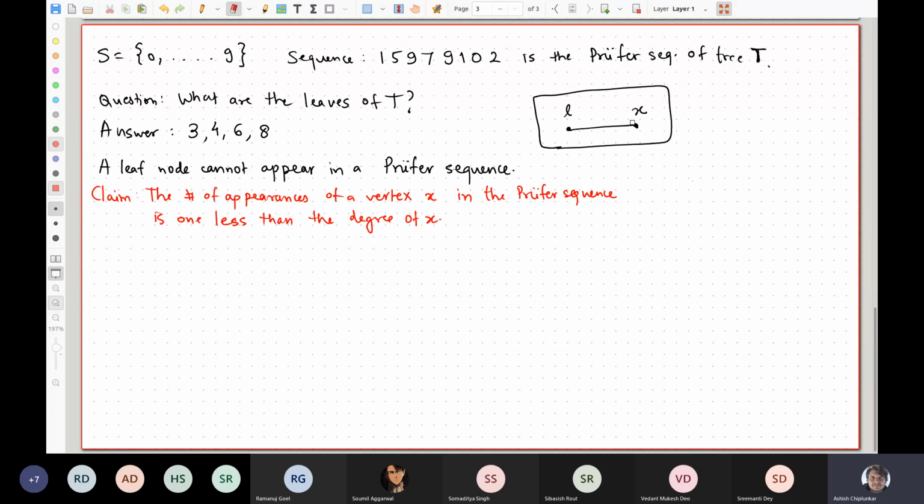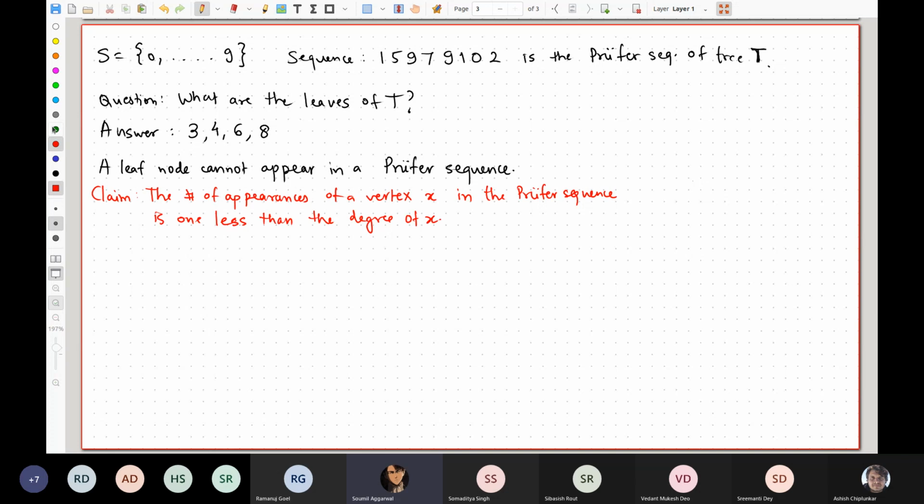Yes, Somil? So we know the leaves, so we know that the leaf with the smallest label will be the first to be removed. So the first element of the sequence is connected to that minimal leaf. Good. So now it becomes kind of similar to the induction thing that we were doing.